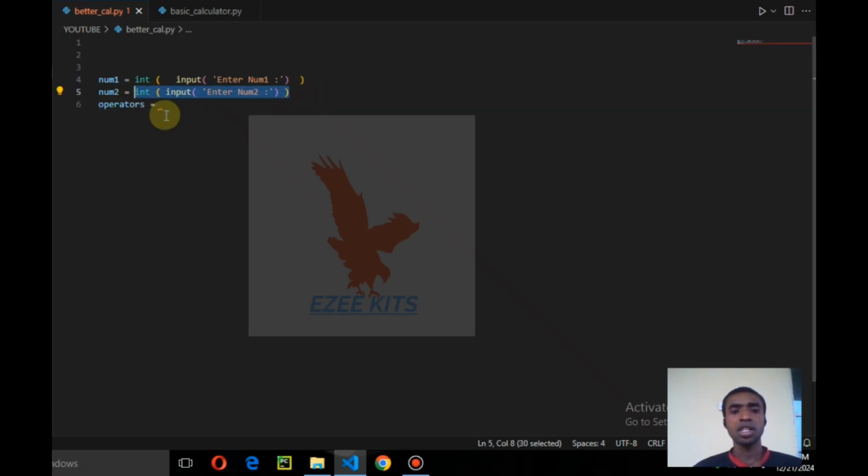Let me copy and put it here. Since we know we're entering an operator, we don't need to convert it to an integer. I can't remember somebody converting plus to 1 or minus to 2. I don't think that is done. But let's say enter operator. We write this to make sure the user knows what he or she is entering.